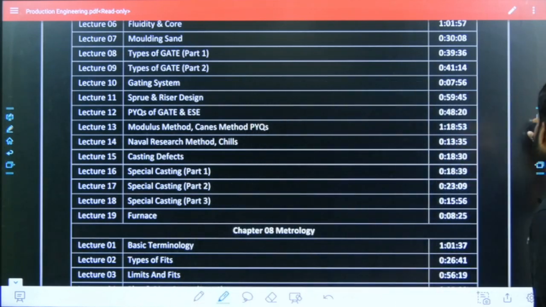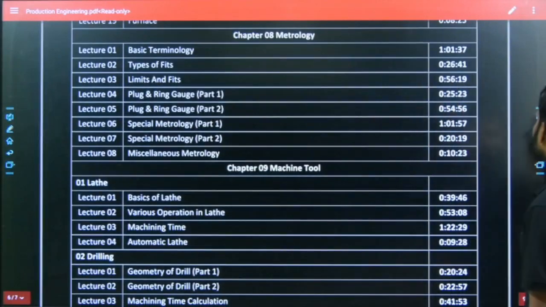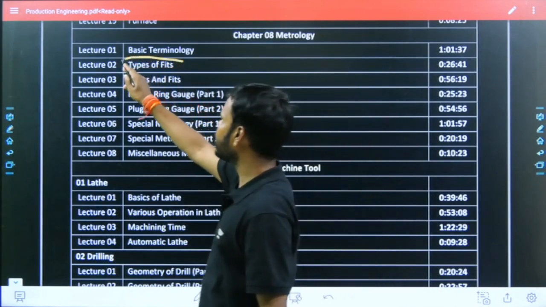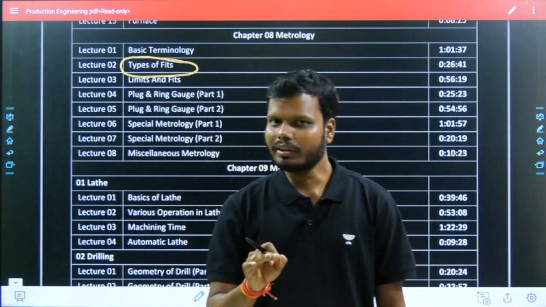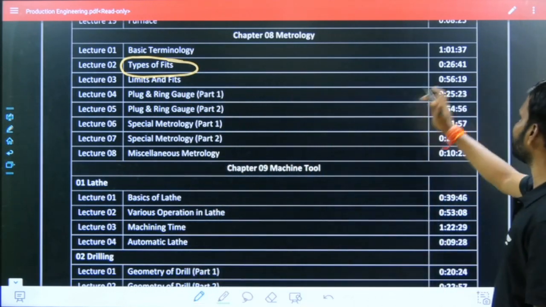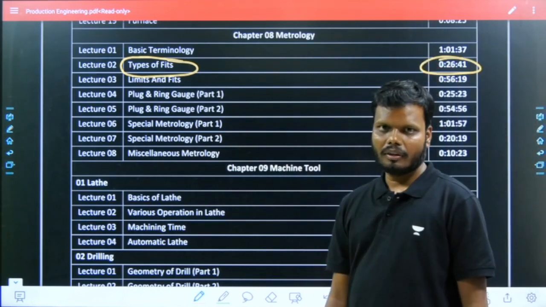Next, chapter 8, metrology. In metrology, there is basic terminology and types of fit. In types of fit, there are clearance fit, interference fit and transition fit. All 3 types of fit are covered in lecture number 2, in 26 minutes 41 seconds. Limits and fit is very important.